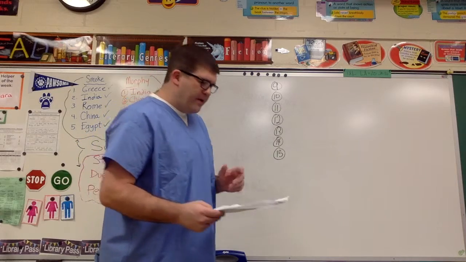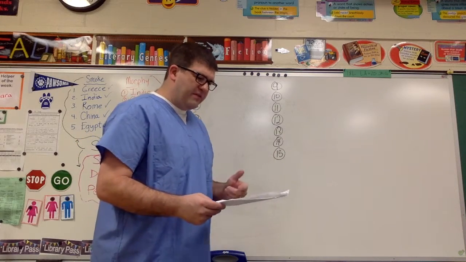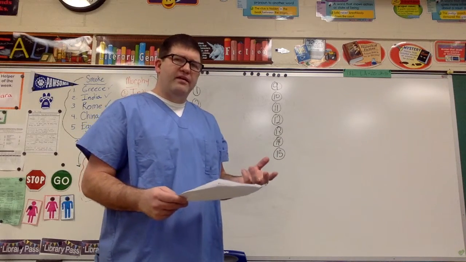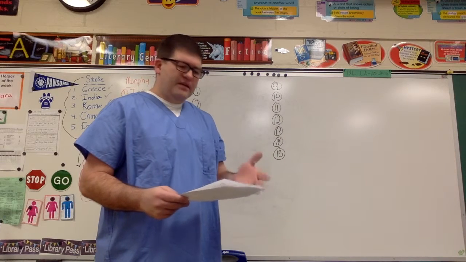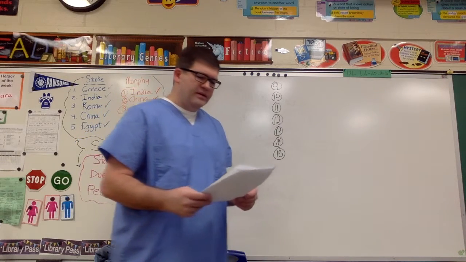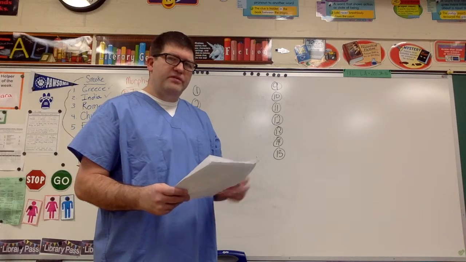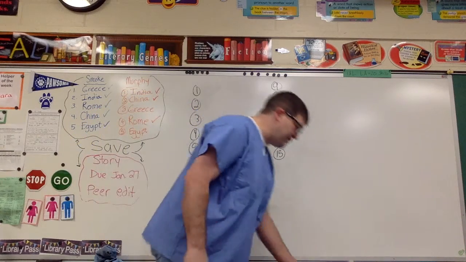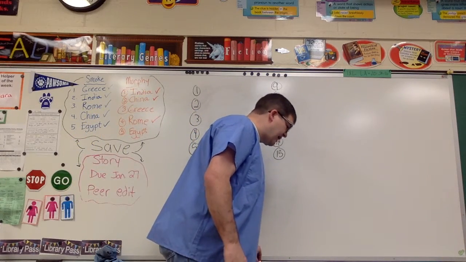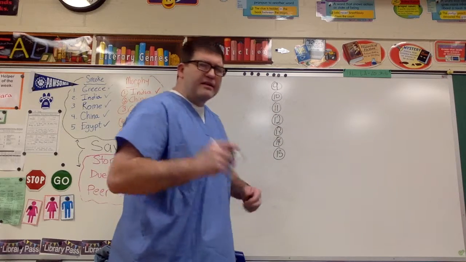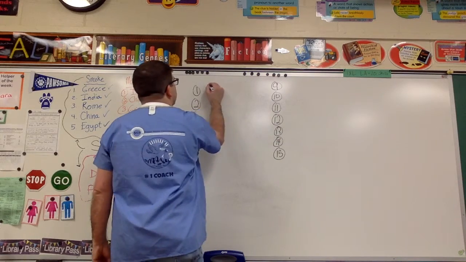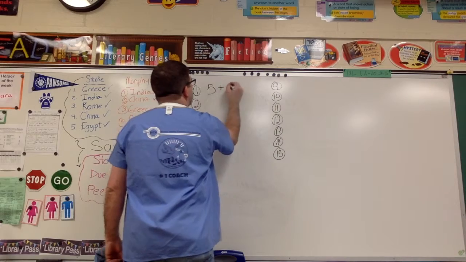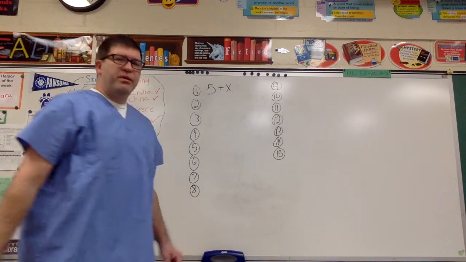So, okay, the first page had 15 problems. It was all writing the equation. It gave you some written expressions, and you just had to put it into an algebraic expression. So the first one says add x to 5. I'm going to start with 5, and I'm going to add x. So 5 plus x.